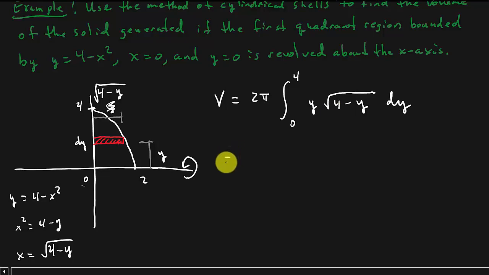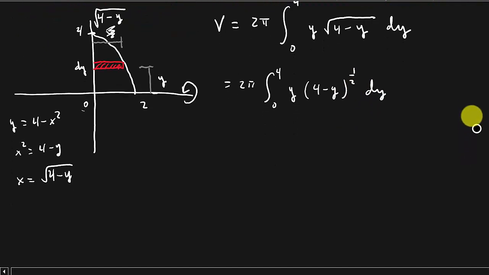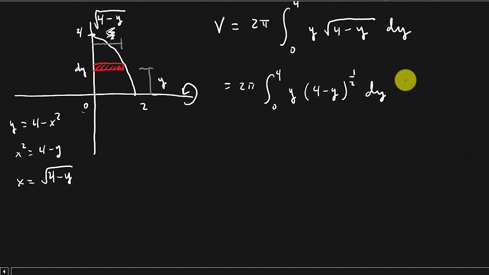All right, so first thing we're going to do is y times 4 minus y to the 1/2 dy. We're going to change that square root to a 1/2 power, and we're going to have to use u substitution. So u is equal to 4 minus y.